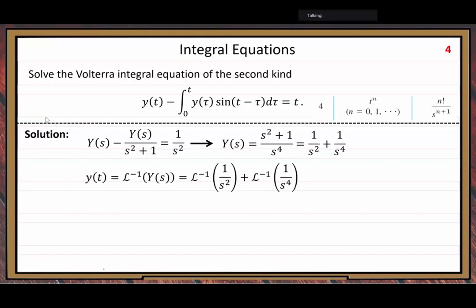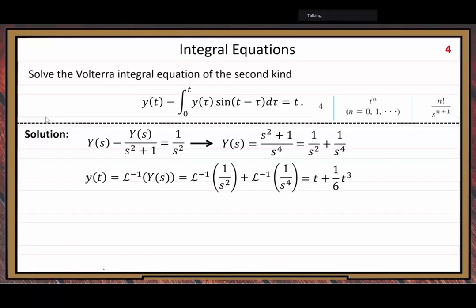So now you can calculate. The first one you get t, the second one you get 1 over 6 times t cubed. n factorial, 3 factorial, right? 3 factorial is 6. So you do division to this side. So 1/6 times t cubed.